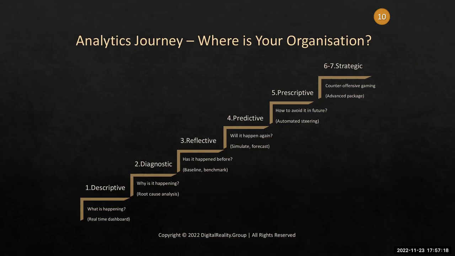Do we have a counter offensive if our competitor airline is deploying bots to log into our system to check things? Do we know how to detect those bots? Those are counter offensive or offensive gaming strategies that, if you have the basic AI machinery and capability, you can operate all the way from level 1 to 6 and 7.